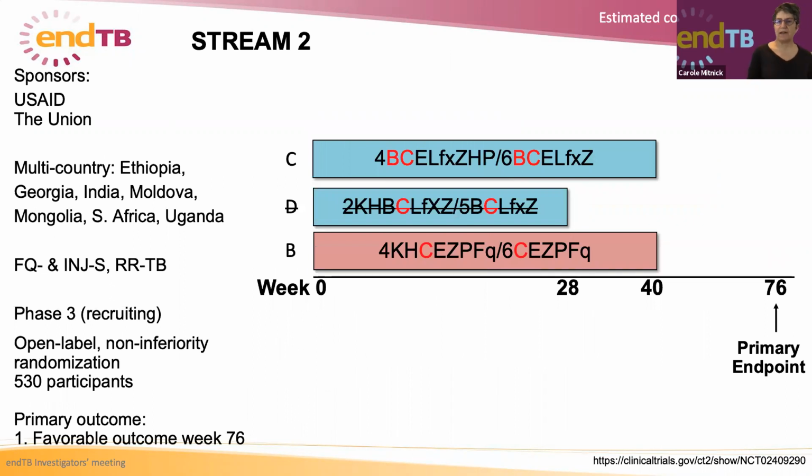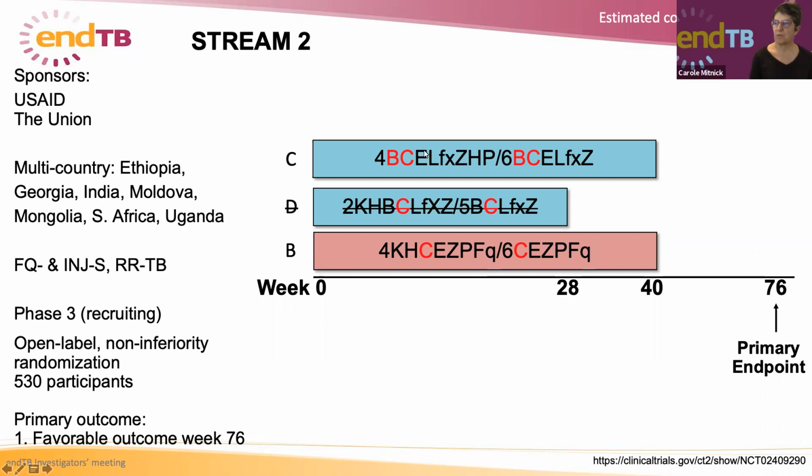The next trial I'm going to talk about is the STREAM-2 trial. This may be the one that's most familiar to you, as we've been hearing about STREAM-1 for some time, and are eagerly awaiting the results of this confirmatory phase 3 trial, which was done to meet conditions of both the US FDA and the EMA for the approval of bedaquiline.